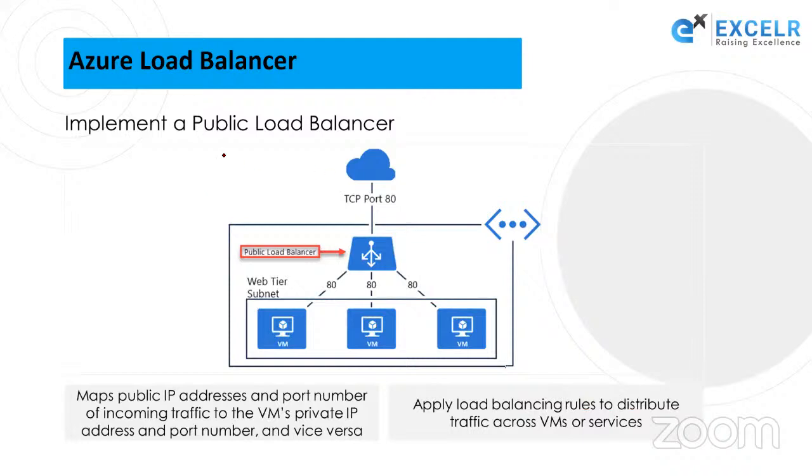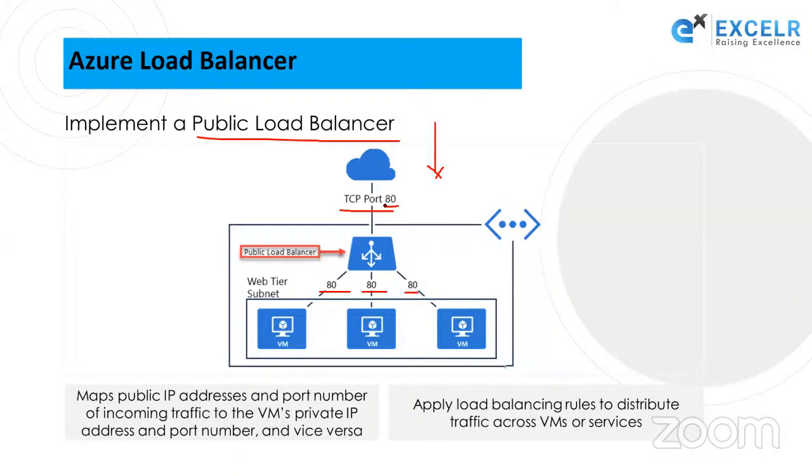So this is how you implement a public load balancer. You have traffic coming onto your load balancer. We need to use something called a listener port. Generally for a web server this port is port number 80, and your traffic is coming from the internet. This load balancer will sit under your VNet, and it is going to divert the traffic onto the virtual machine on port 80.